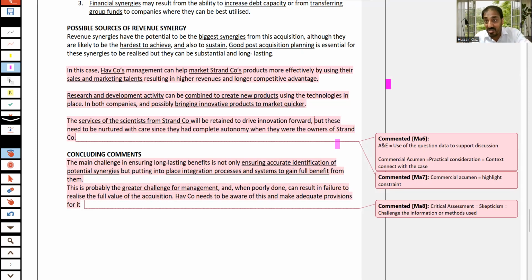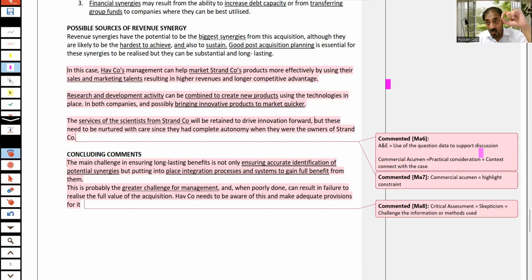Here is a challenge in this question that is called number one. First, use the question data to support discussion. What's the data in the question? Strand company, owner managed companies. So managers who are the scientists, and the critical resource of the company.